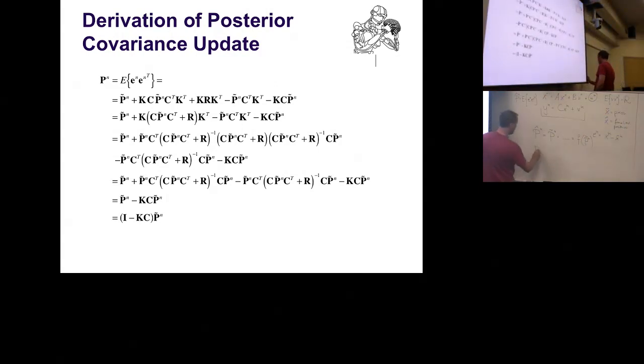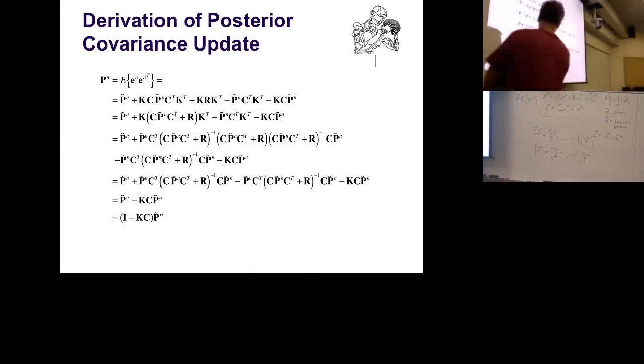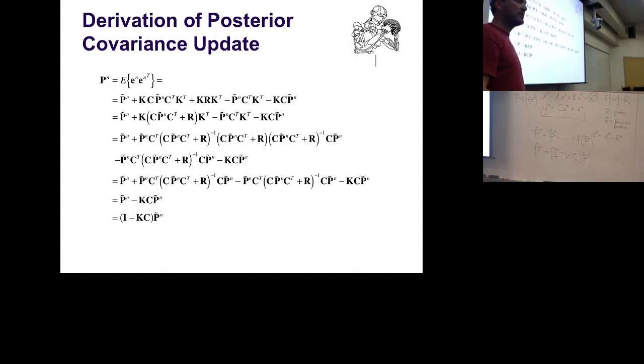So you can write Pn, or P hat n as I called it here, as the identity matrix minus the Kalman gain times C, our model parameter from our observation equation, times P squiggle n. So that relates our prior knowledge of the covariance with the posterior knowledge of the covariance matrix.